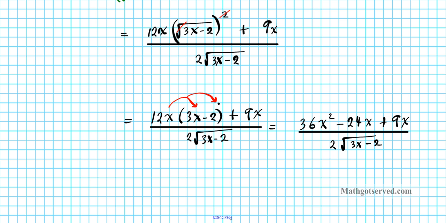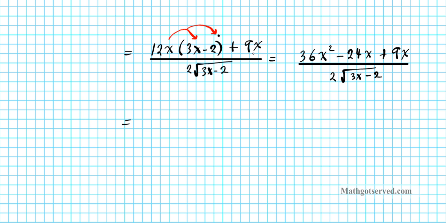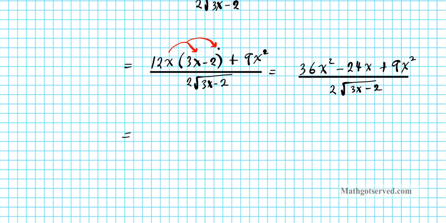Alright, now let's combine like terms in the numerator. If I combine like terms in the numerator, I'll have, let's see. Looks like I made a mistake somewhere here. Yeah. This is supposed to be a square, this is supposed to be a square, and that's supposed to be a square. Okay, so there you have it. Okay, now I can combine 36x squared and 9x squared together, so we have the same power.